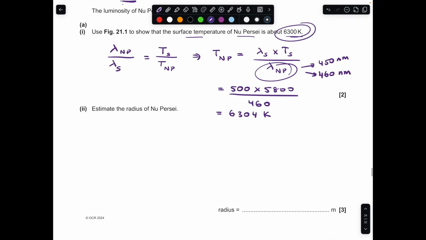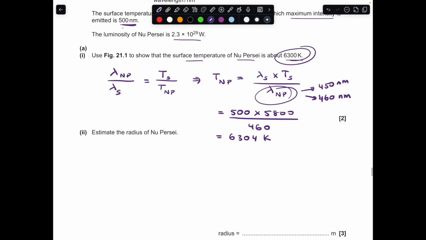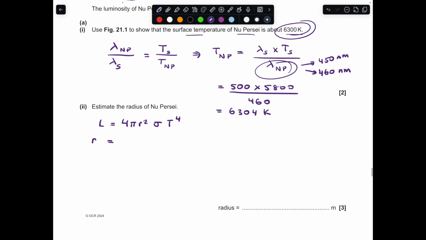Now for the next question, we have to estimate the radius of Nu Persei. We know the relationship between luminosity and the temperature is L equals 4 pi r squared sigma T to the power of 4. And we can rearrange this relationship and work out the radius quite straightforwardly, as we have been given all the numbers.